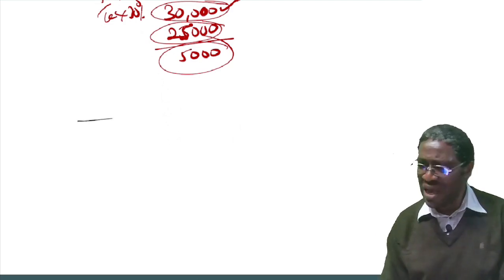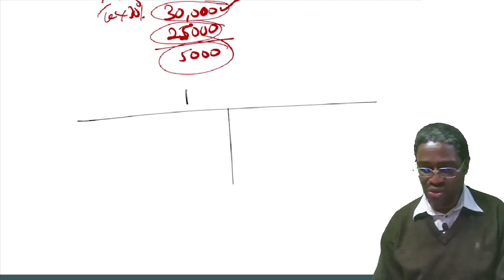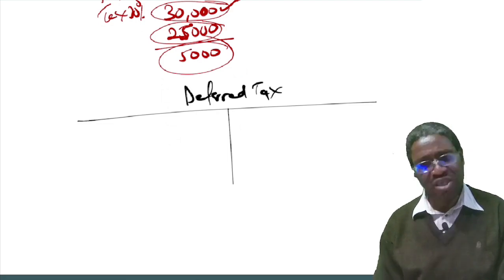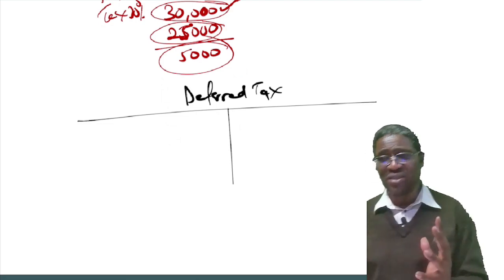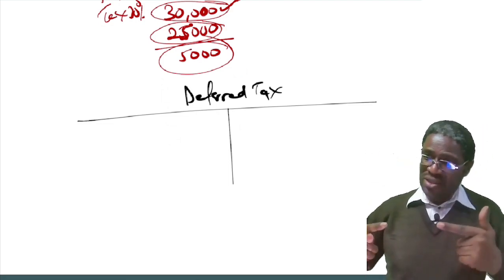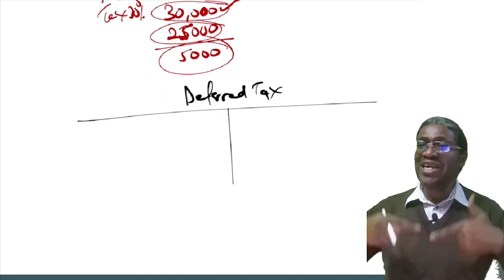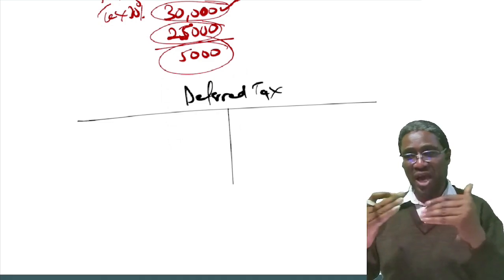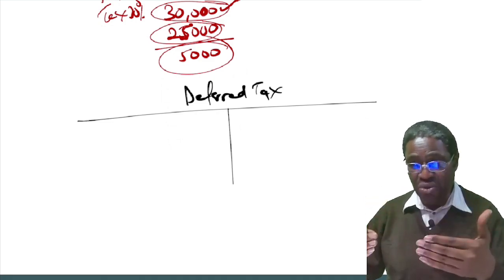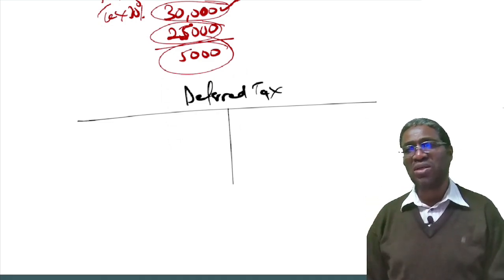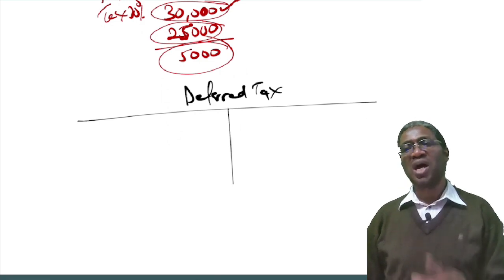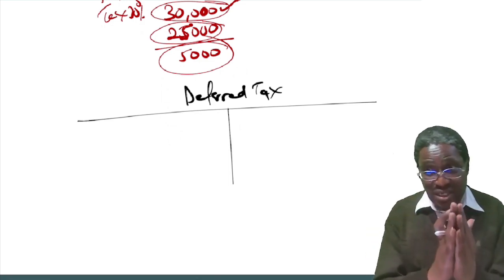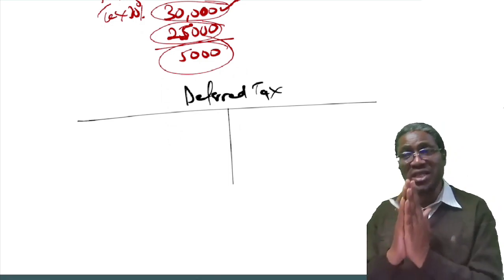It's a liability that you want to create, so you will open an account called deferred tax. Deferred tax is ideally that tax that you should pay, but in the future. It is the amount of the income tax payable in the future. That's the one we are referring to as deferred tax.